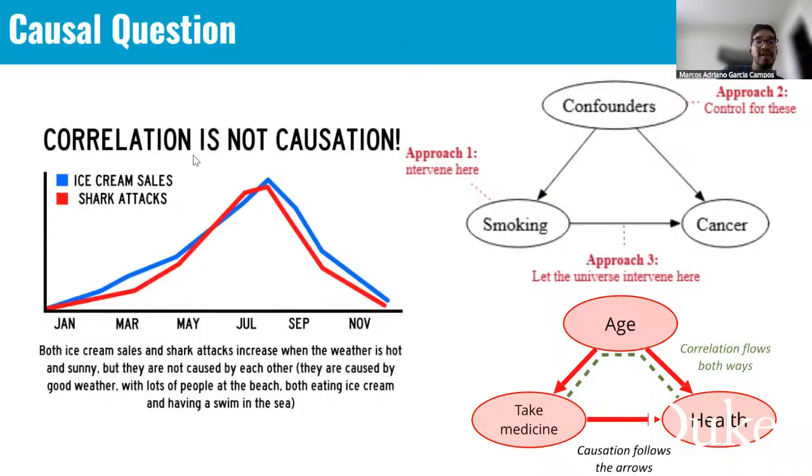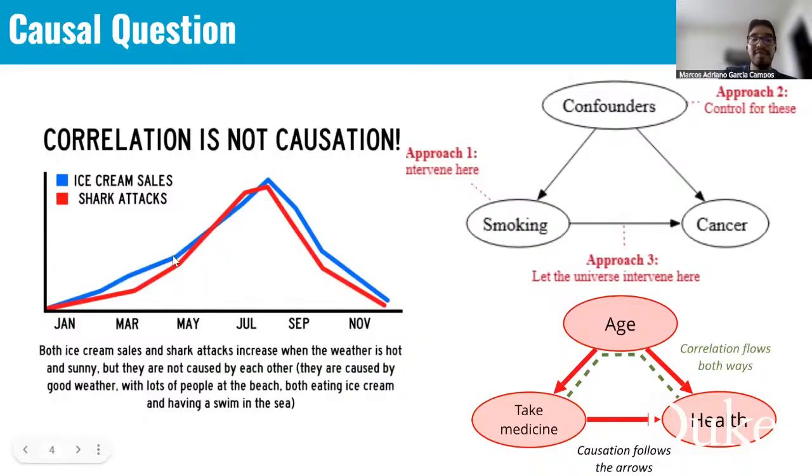We know that correlation is not causation. This is a fun example, a plot showing an increase in ice cream sales with an increase in shark attacks. There is an association, but there is no logical explanation here.